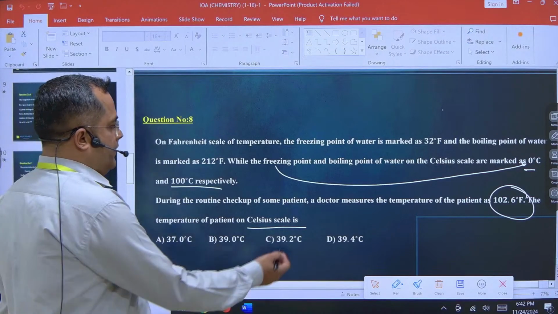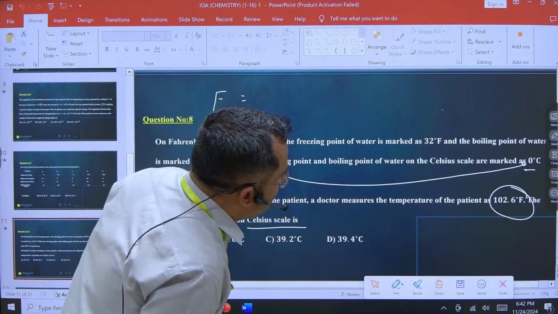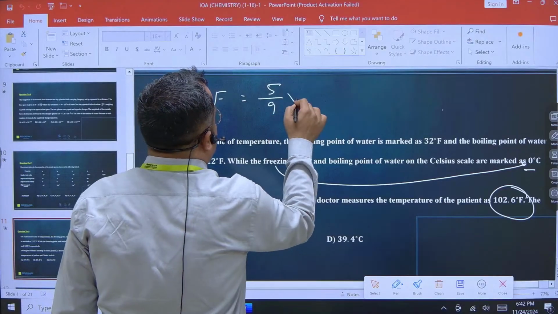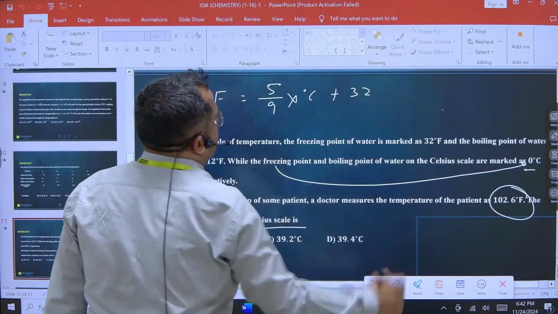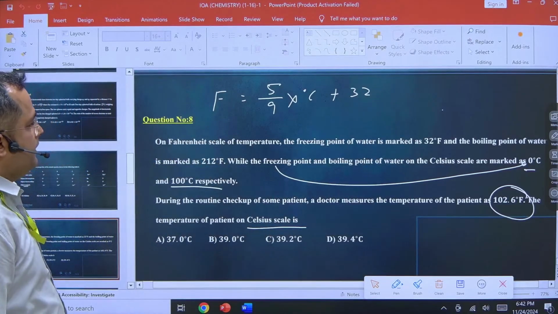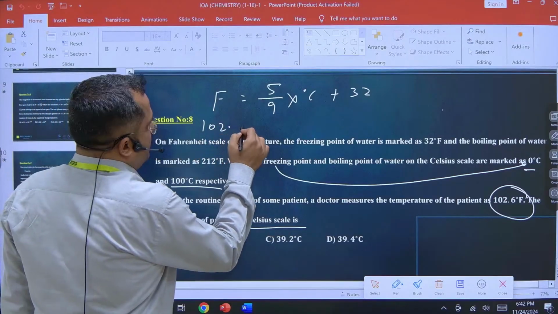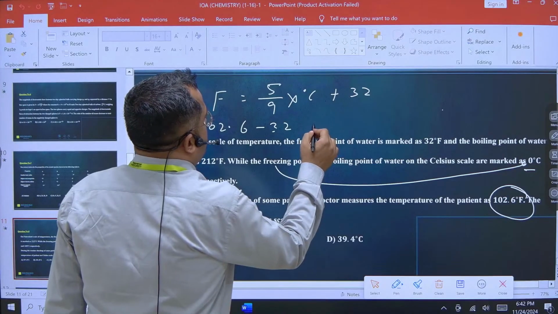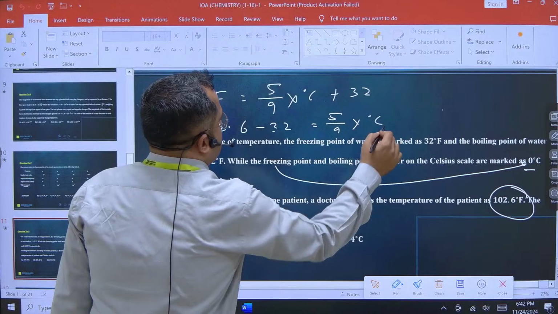Fahrenheit we have to convert into degree Celsius, so F minus 32 equals 9/5 times degree Celsius. What is the value of Fahrenheit? 102.6 minus 32 is equal to 5/9 into degree Celsius.